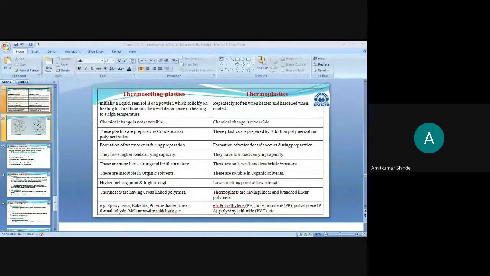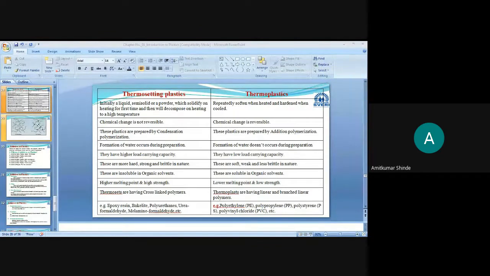Then the next point is the formation of water during this thermoset process. During this condensation polymerization, at the end of the process, water molecules are formed, and in case of thermoplastics, no formation of water will be there. Then next, the thermoset materials will have higher load carrying capacity.